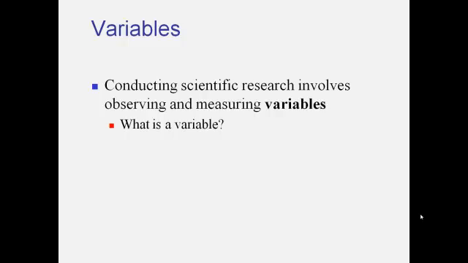When scientists are trying to conduct research, what they need to do is think of the things that they are observing in terms of variables. They need to think of them as variables. A variable is anything that can have more than one value, or anything that can change. Okay?